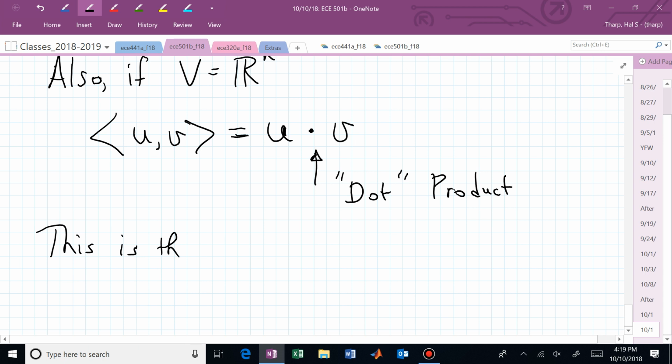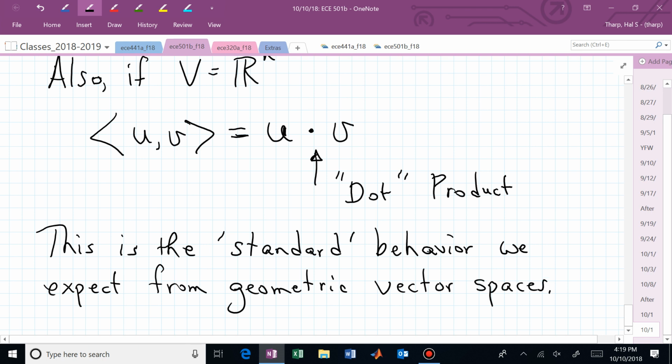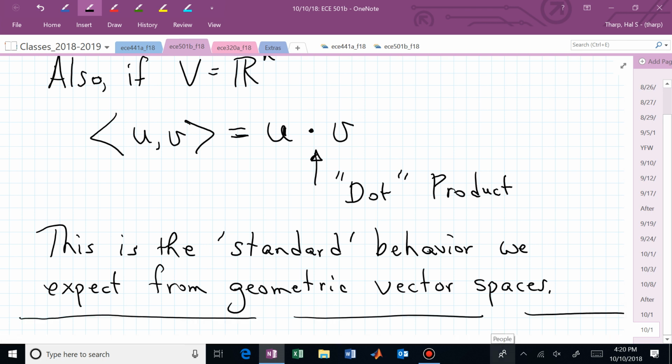And that's the standard behavior that we've come to expect from our geometric thinking or geometric vector spaces. So that's sort of the traditional way of thinking about an inner product.